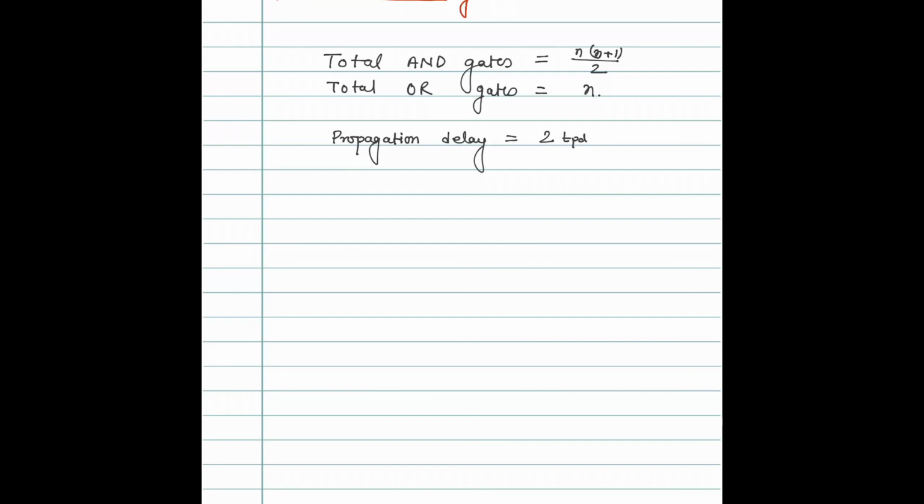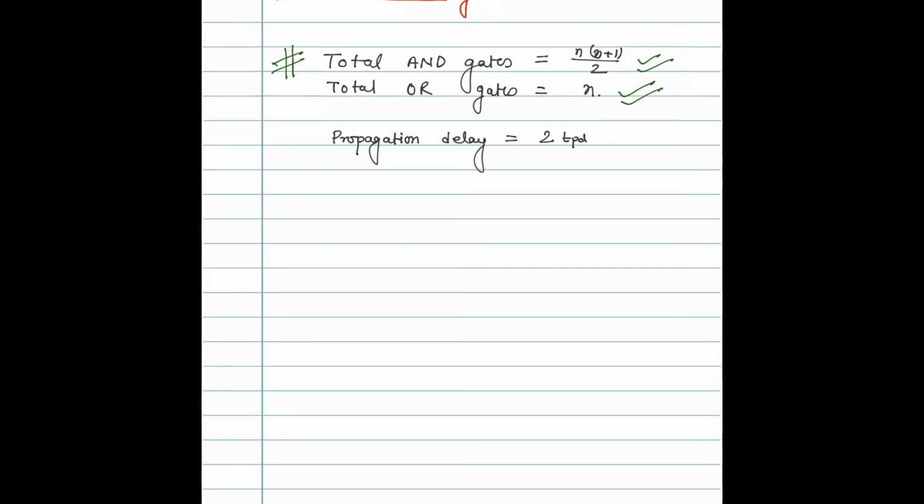In the look ahead carry adder, the carry does not depend on the previous adder; it is calculated itself, which requires extra hardware. The total number of AND gates in a carry look ahead adder is (n+1)/2, and the number of OR gates is n.